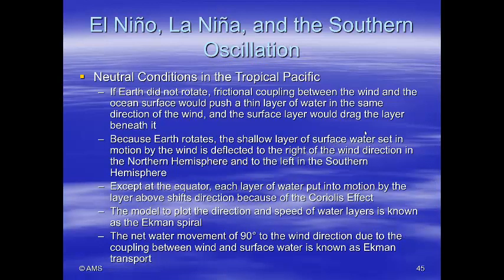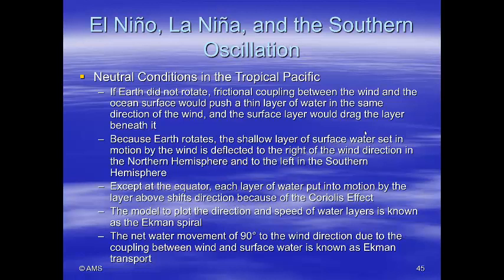If the Earth did not rotate, frictional coupling between the wind and the ocean surface would push a thin layer of water in the same direction as the wind, and the surface layer would drag the layer beneath it.